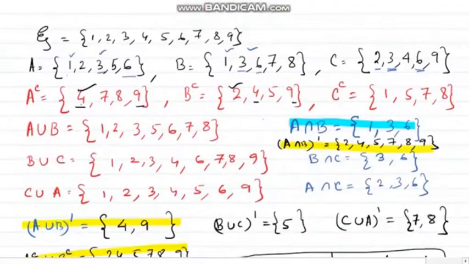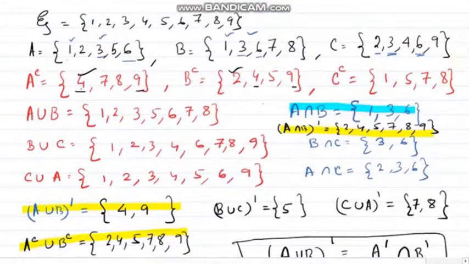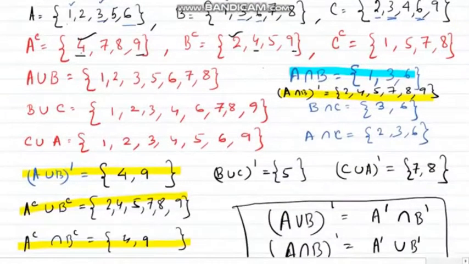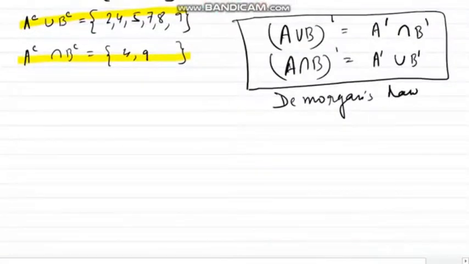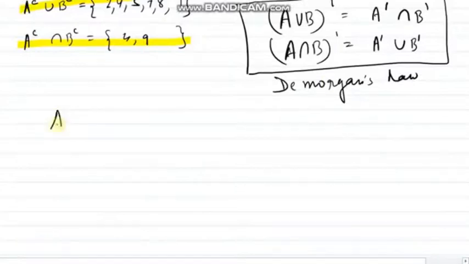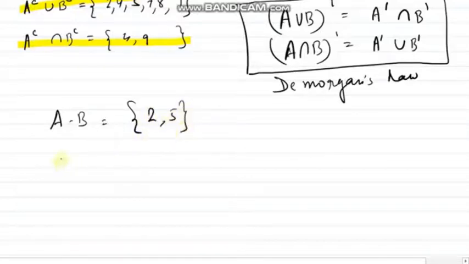Now what will be A minus B? As I said, A minus B will be those elements of A which are not part of B. So can I say it's 2 comma 5? Now calculate A intersection B complement.